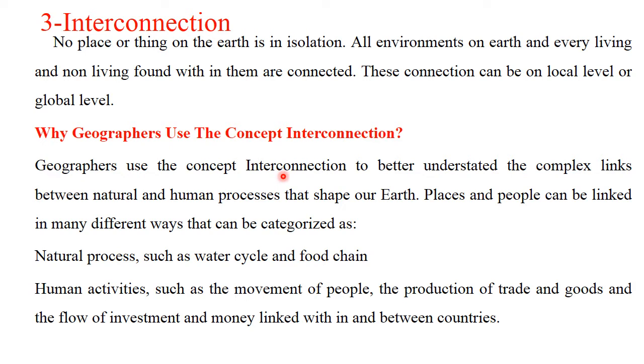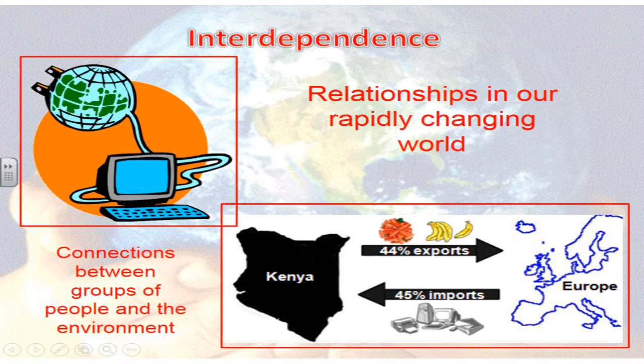Geographers use the concept of interconnection to better understand the complex links between natural and human processes that shape our Earth. Places and people can be linked in many different ways that can be categorized as natural processes such as the water cycle and food chain, and human activities such as the movement of people, the production of trade and goods, and the flow of investment and money linked within and between countries.